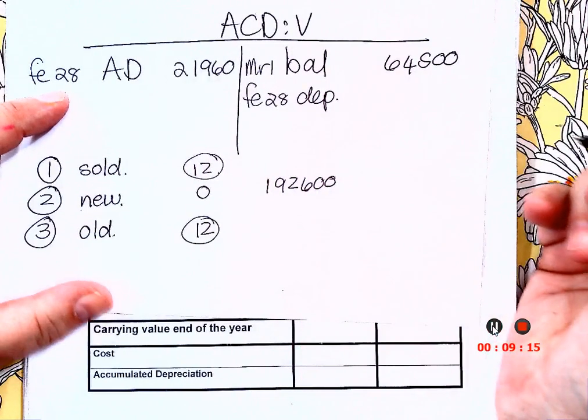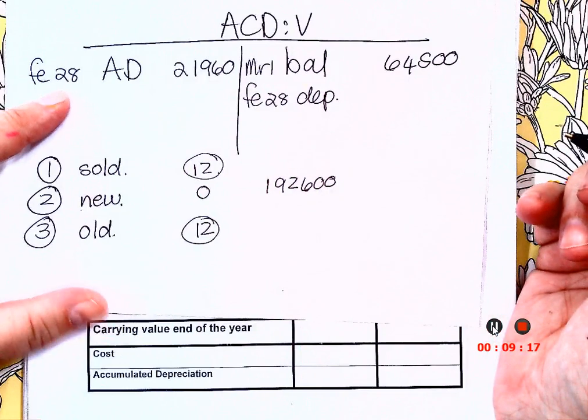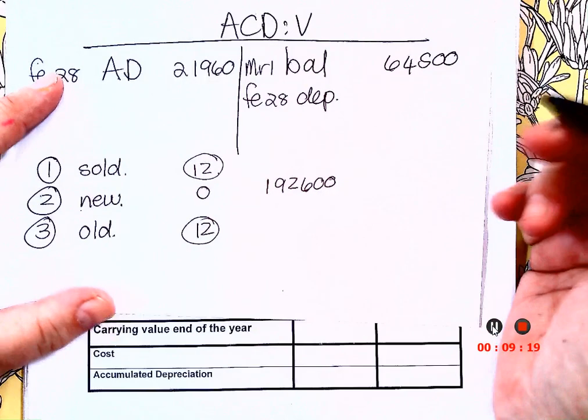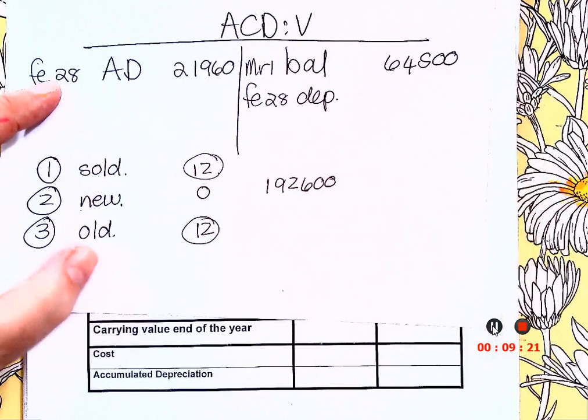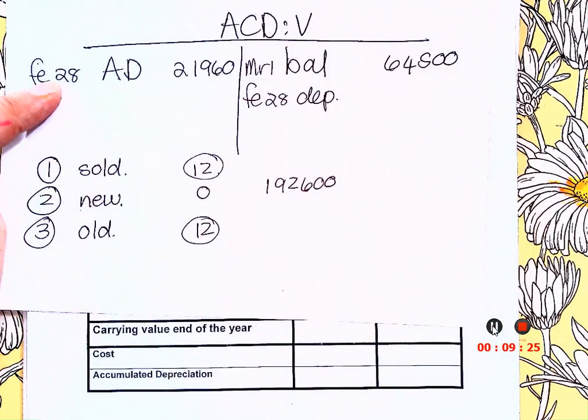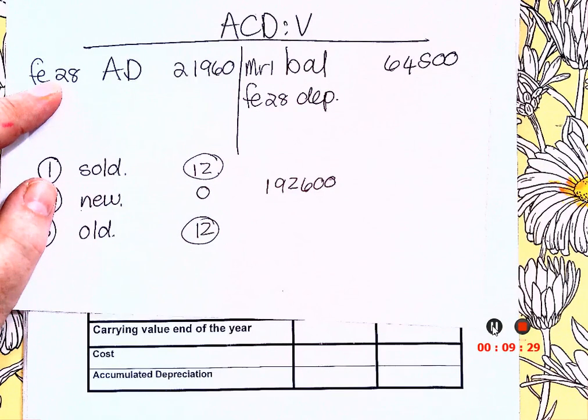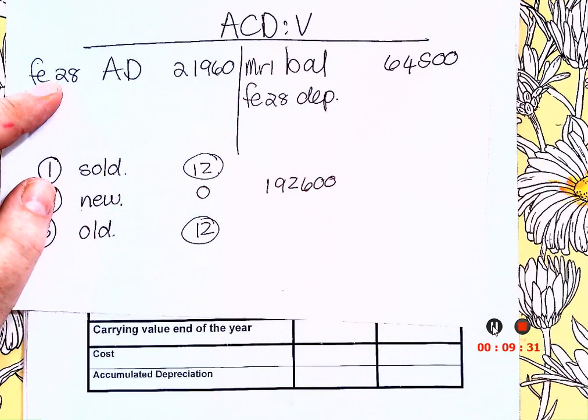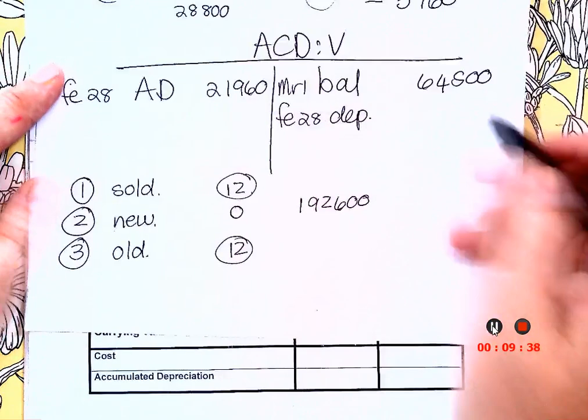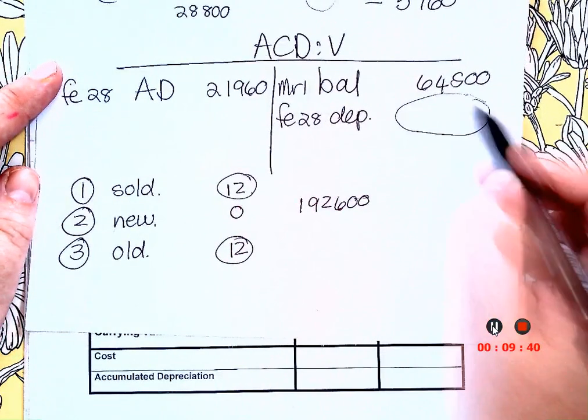Otherwise you will work it out separately. You will use the sold one for the months you've had it and the old one for the year. But in this case, because the months are the same, you can work it out as one. Because here I don't want to know how much each individual vehicle is worth. I just want to know what is my total depreciation for the year.